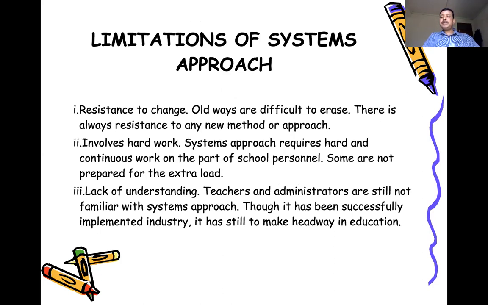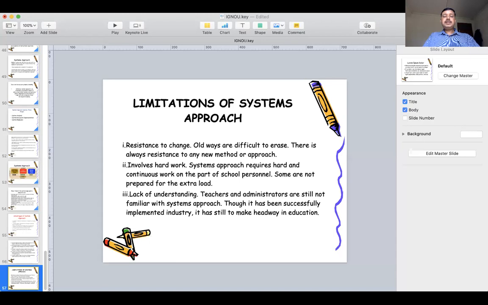So teachers and administrators are still not familiar with the systems approach. Though it has been successfully implemented in industry, it still has to make advances in education.